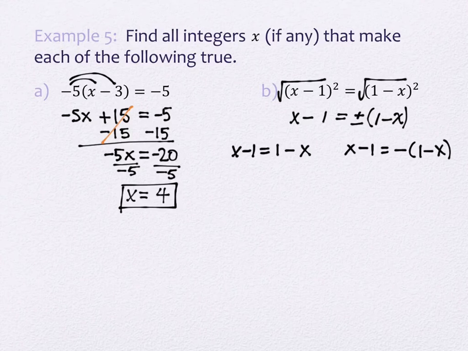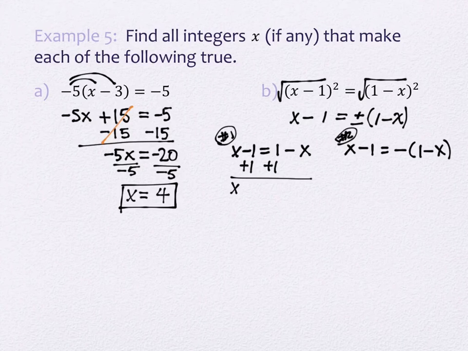Okay, so on the first one, what would I do? Let's call this number 1. On number 1, what would I do to solve this equation now? Okay, let me do it in 2 steps. I agree with you, Emily.